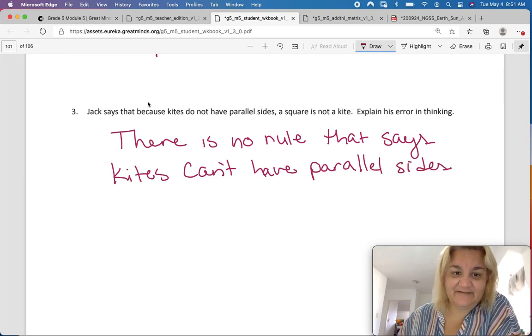But again, every time we make a kite with parallel sides, we're going to get a square. A square is not a kite, but a kite can be a square.